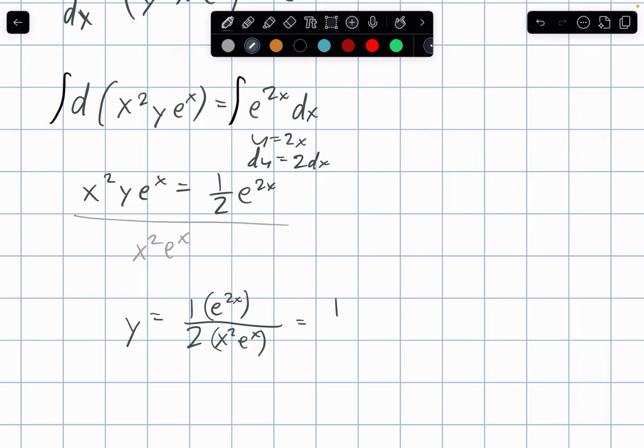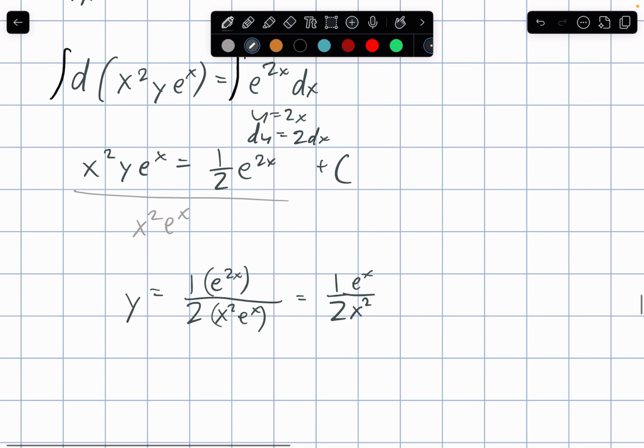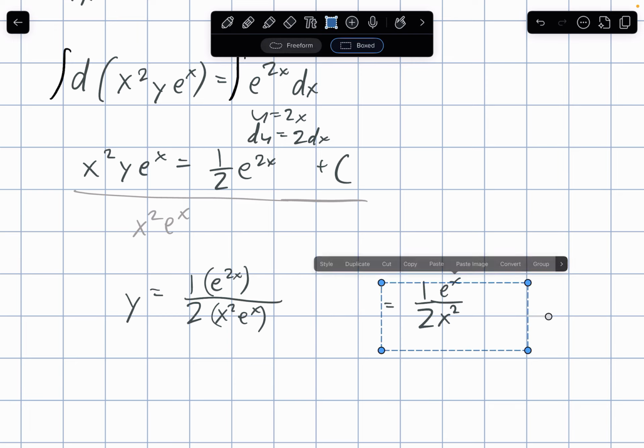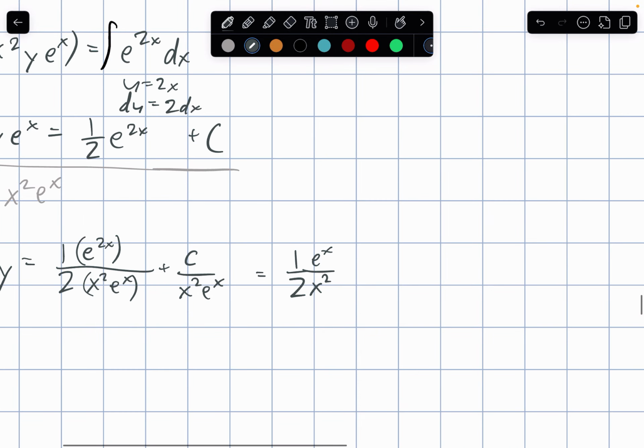Okay. I think that's it. Oh, wait. Don't forget the plus c. So, in that case, plus c over x squared e raised to x.